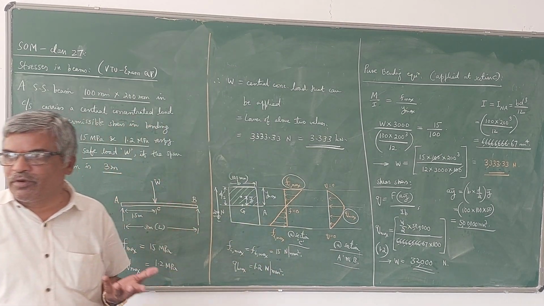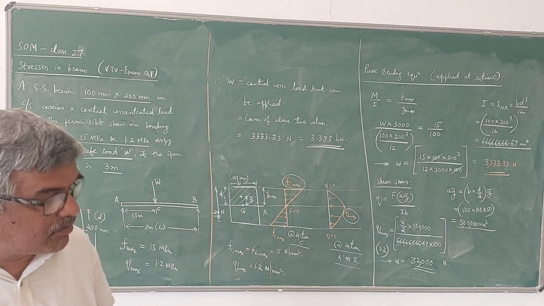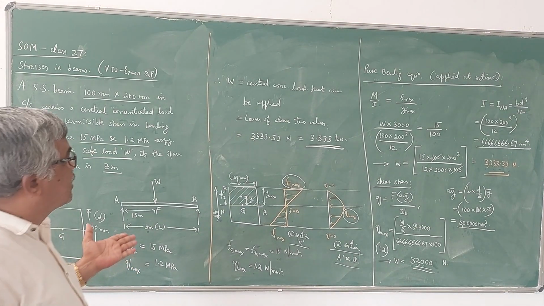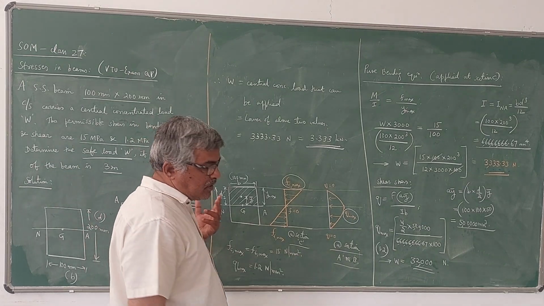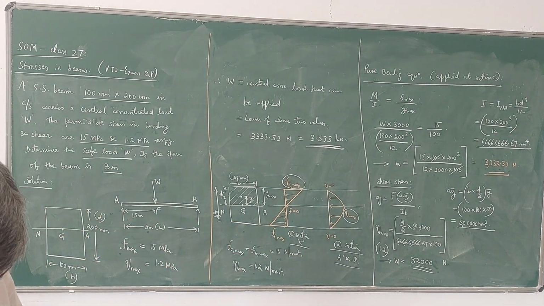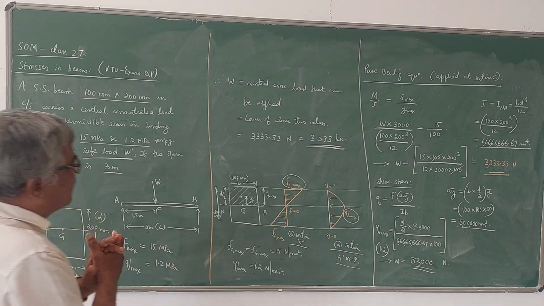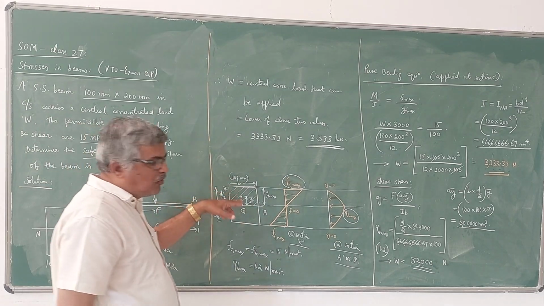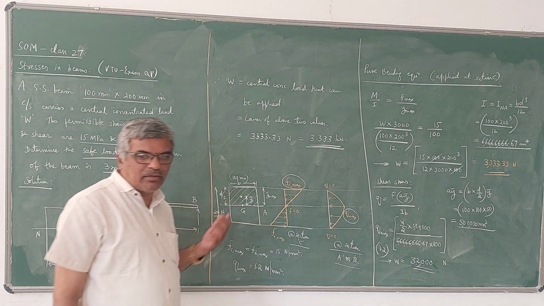So this is another type of problem where they have given the maximum bending and shear stress values, and asked you the value of central concentrated load. For the same problem, if they ask you to find the UDL, other things remaining the same, then instead of WL by 4, you have to take WL square by 8.